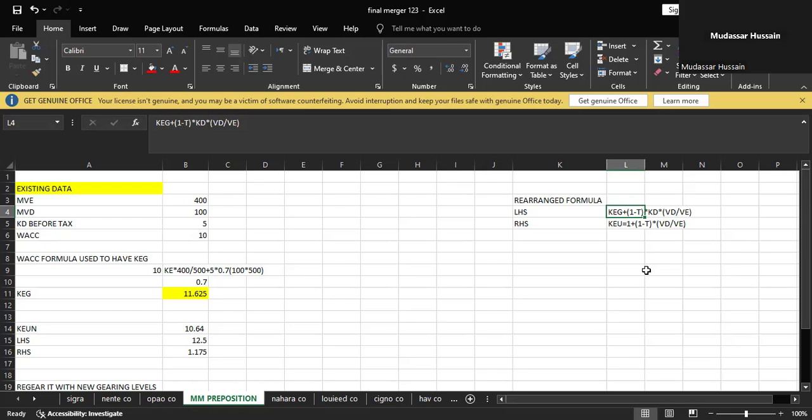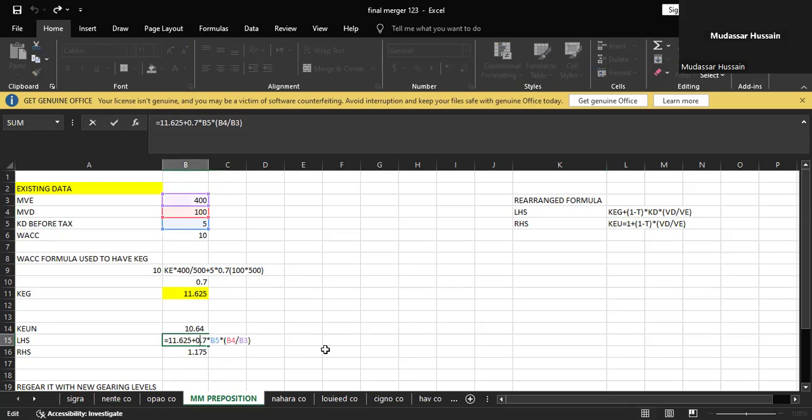Now see guys, we are going to put on the values. What is your left hand side? See the same formula I am applying. Cost of equity of geared, we have found that is 11.625 plus 1 minus t that was 30%, so definitely 0.7. Then the Kd was given above 5 multiplied by value of debt over value of equity.